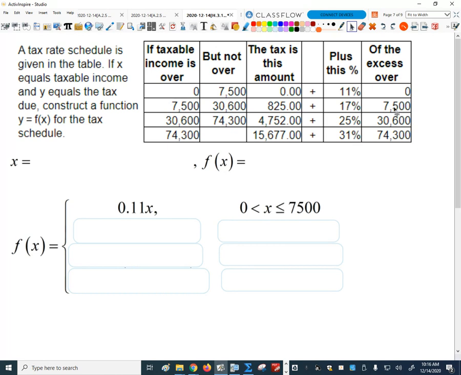So how would I say that? If X is my income and I only want the income in excess of 7,500, so like if X were 10,000, then that would only be 10,000 minus 7,500 would be 2,500, right? I'm only paying the 17% tax on the amount over 7,500.